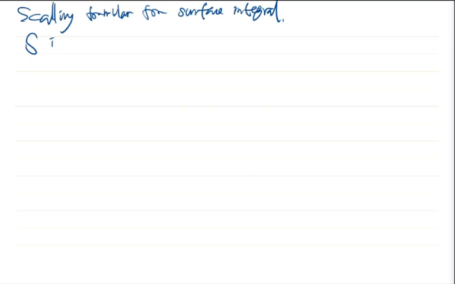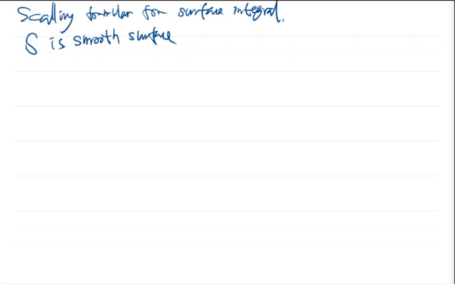Now we discuss the scaling formula for surface integral. Suppose S is a smooth surface.